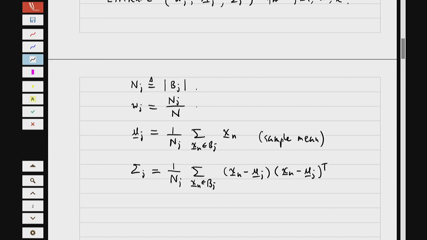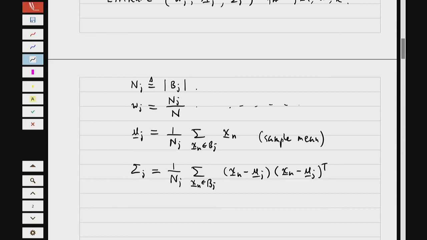Remember, this is a column vector and this is a row vector, so column vector multiplying row vector gives you a matrix. The definition of the covariance matrix is the expectation of this matrix. We don't know this expectation, sigma j, so we just do this averaging to estimate it. So it makes sense that we use this formula for estimating sigma j. At least intuitively it makes sense.